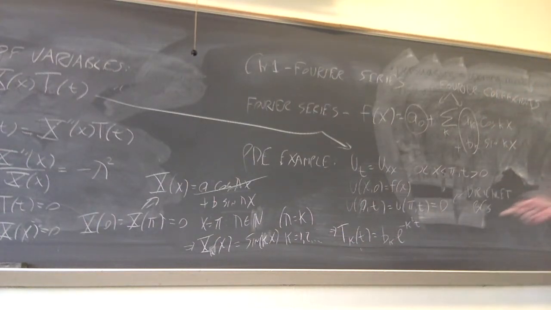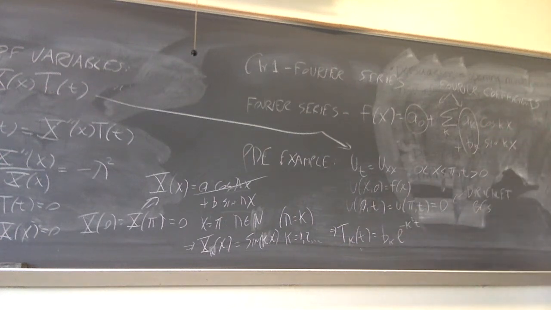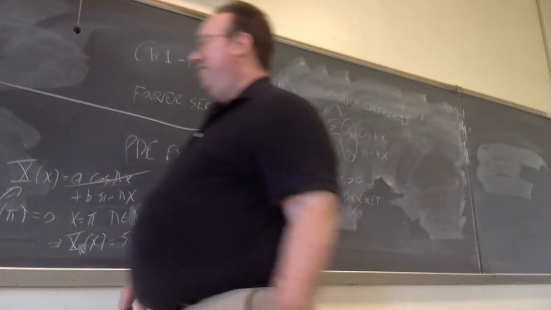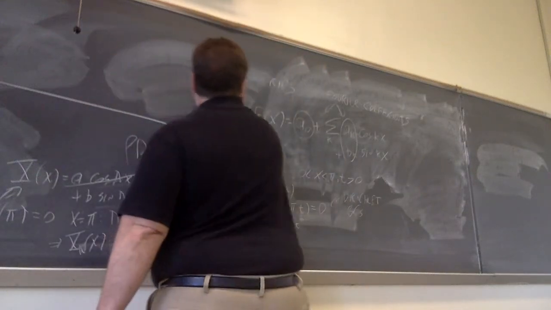So I don't know what this constant is yet. That will depend on the initial condition. So now what I can do is I can write, okay, my board use here is awful, I know. But okay, I'll get rid of this stuff that's old.